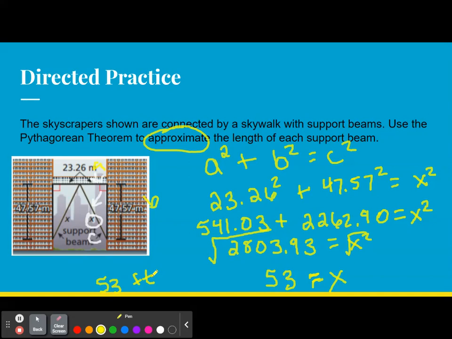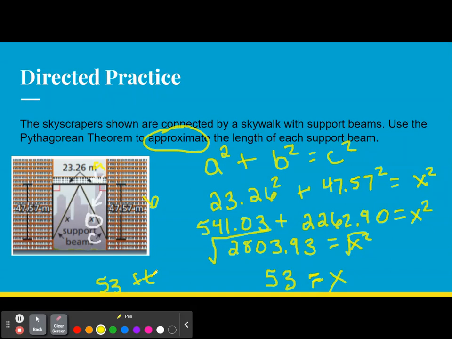So your answer could be a little off from 53. You could be 52 or 54, depending on when you rounded. Because it says approximate, sometimes your answer may not be exactly the same as someone else's.